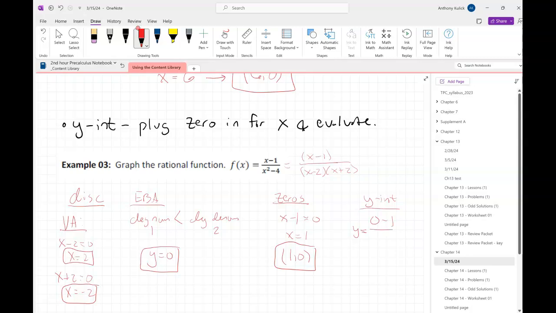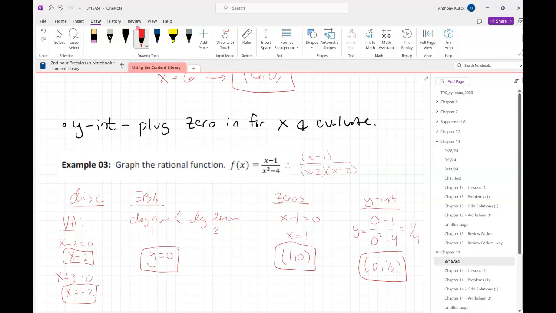For the zeros, you'd be taking the numerator of the factor. Yes, I would use the factored numerator. Everybody, so far so good.